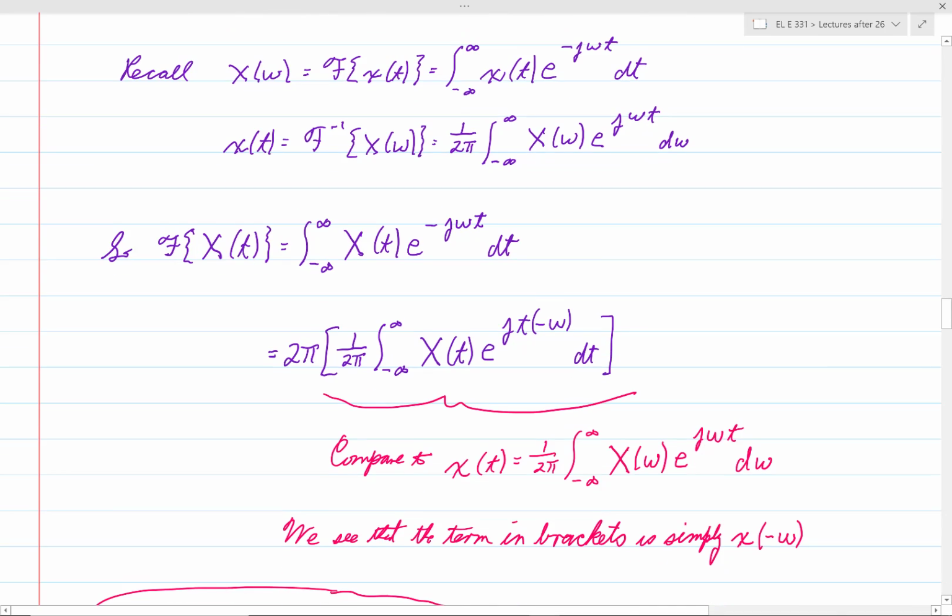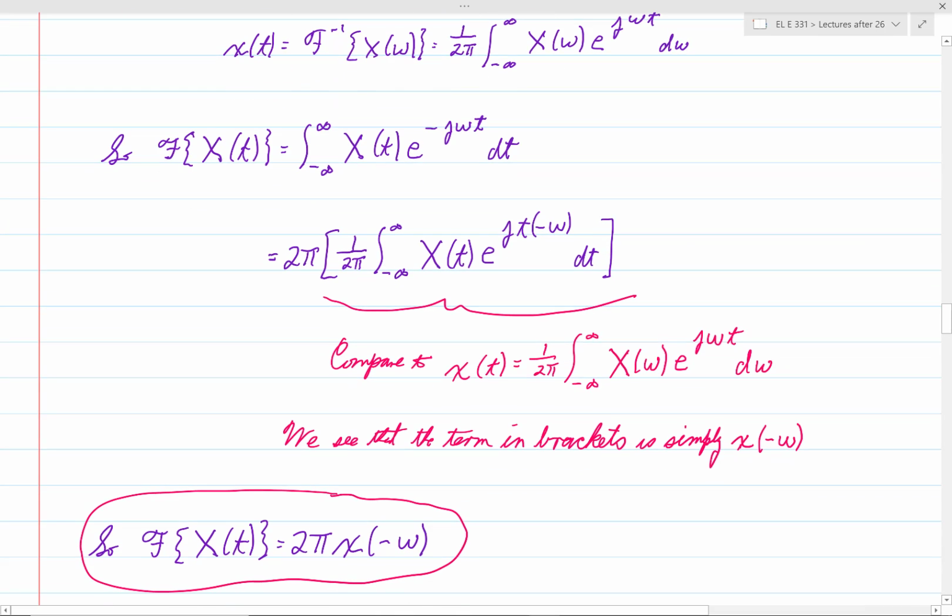Now, look at that term in the brackets and compare it to the formula we had above. This is the standard formula for the inverse Fourier transform. It says little x of t is 1 over 2 pi integral negative infinity to infinity of capital X of omega e to the j omega t d omega.